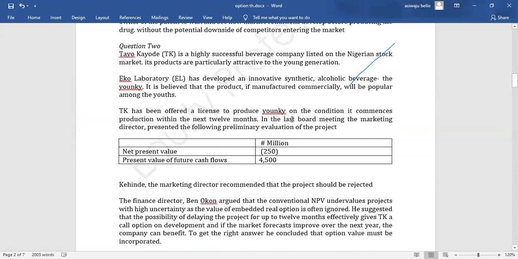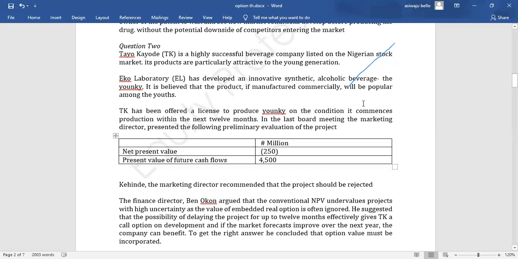It looks like an American option contract. It didn't say after 1 year, but within. The license the company has been given is an American option contract, not a European option contract.